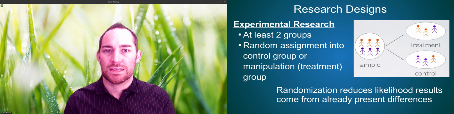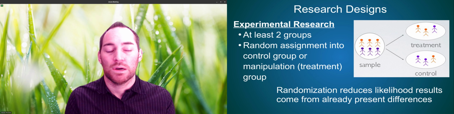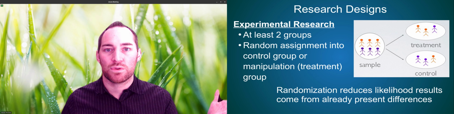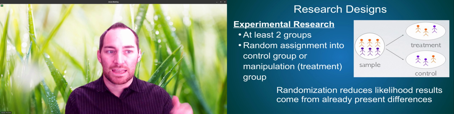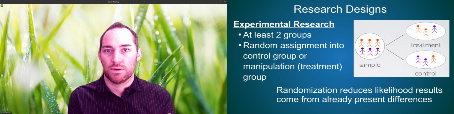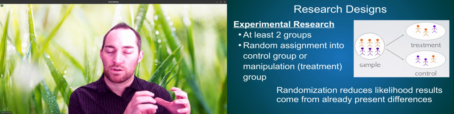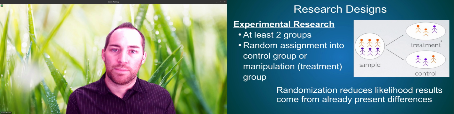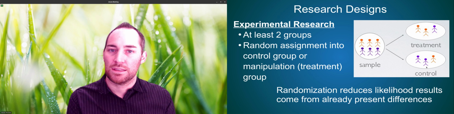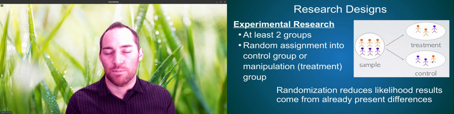If that ethnicity could possibly make a difference, randomize them into two groups, and you should have that same breakdown in each group. So if you randomize well, it should be about 20% black in the treatment group, about 20% black in the control group, and 80% white in both groups.